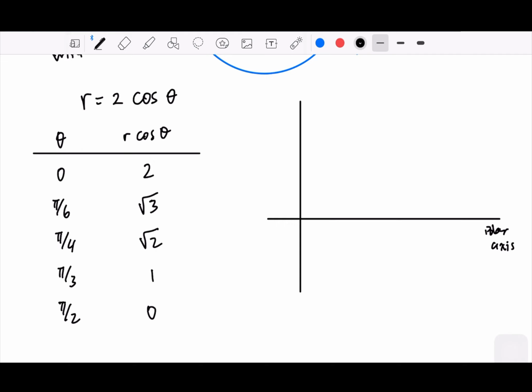But first, let's say we have 0. Let's set 2 maybe around here. This is 2, 0, which means this is the r, theta. Why is this okay? This should be 2.